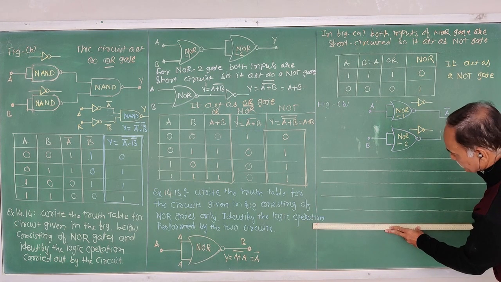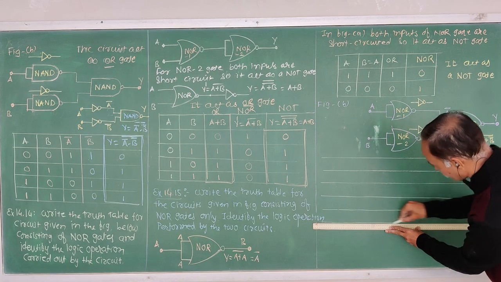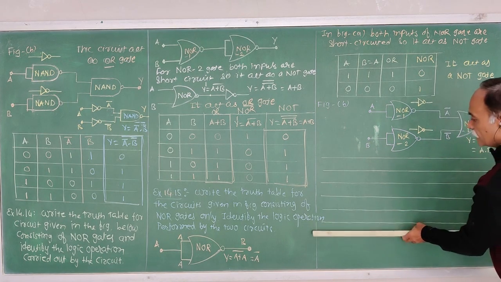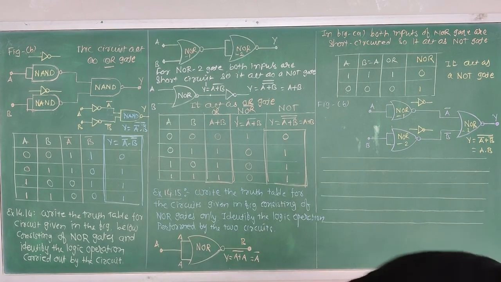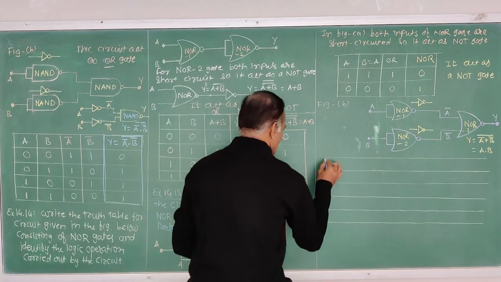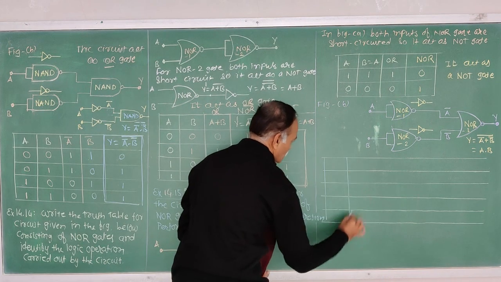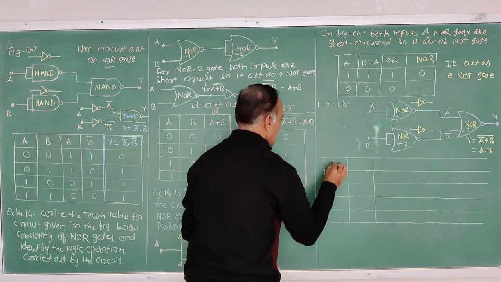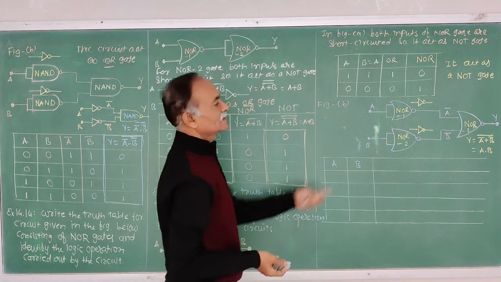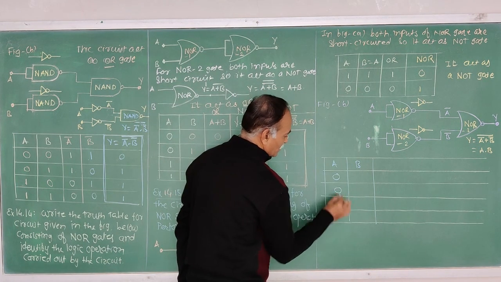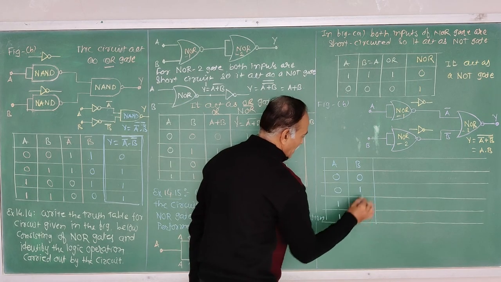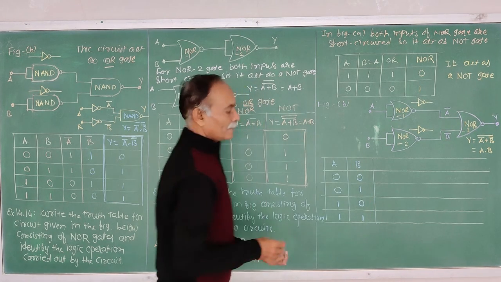And these are given as the input of the third NOR gate. A and B are the inputs initially, so the different combinations are 0, 0, 1, 1 and 0, 1, 0, 1.